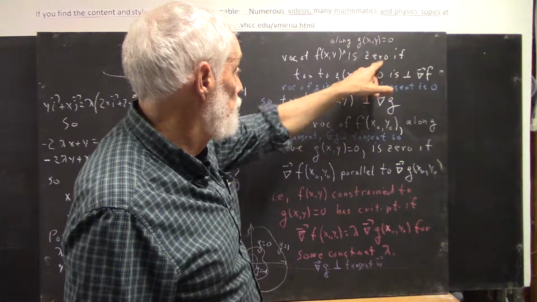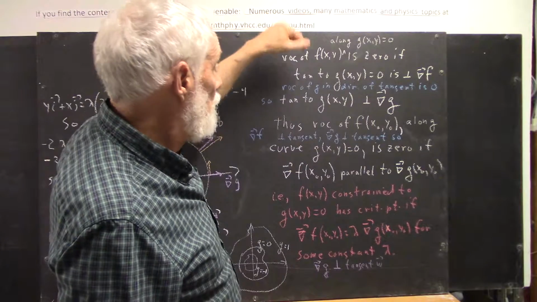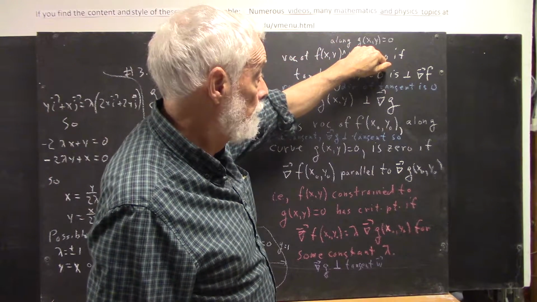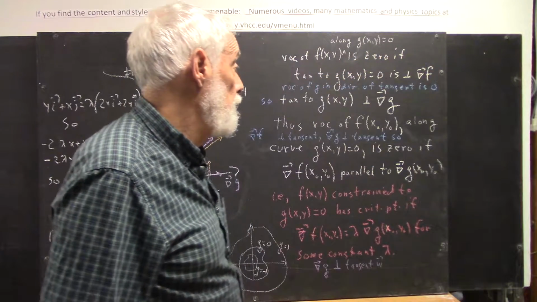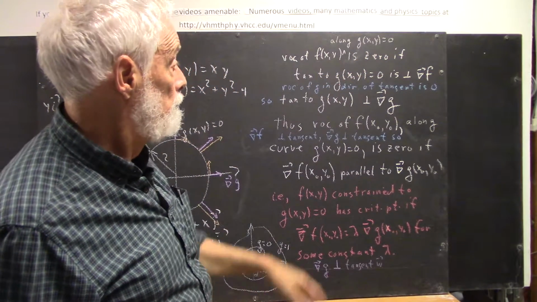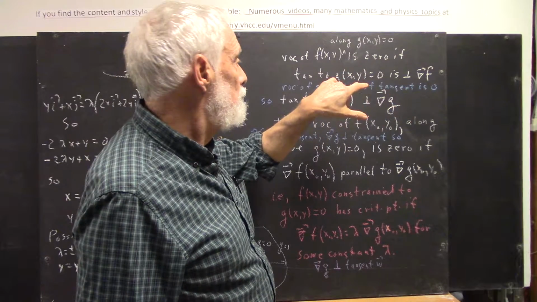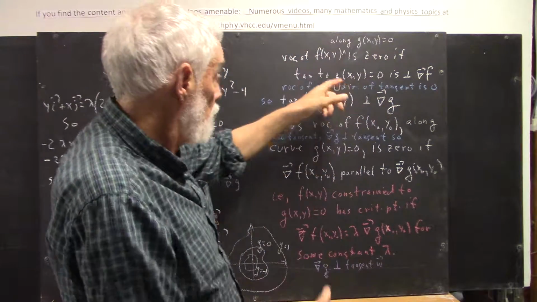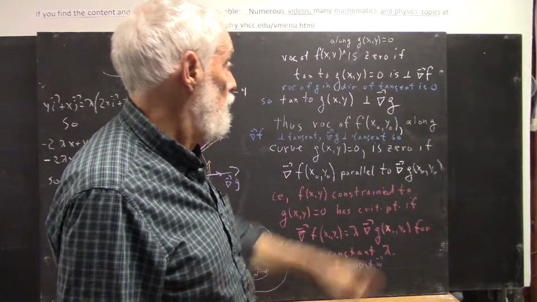That rate of change is 0 if the tangent to g of x,y equals 0 is perpendicular to the gradient of f, because the tangent is the direction in which you're moving at a given point of the g equals 0 curve.